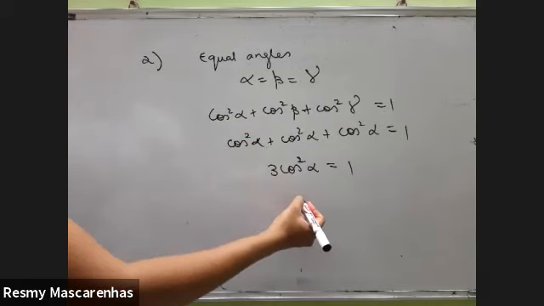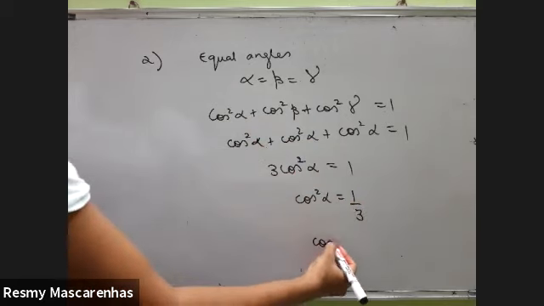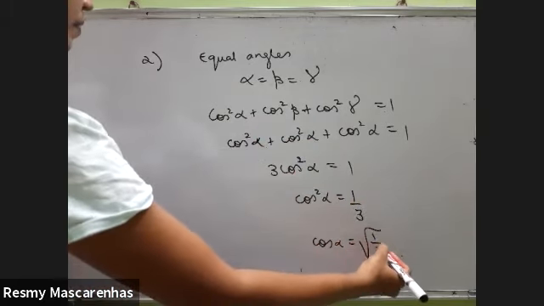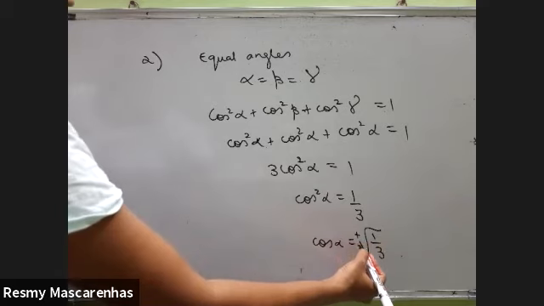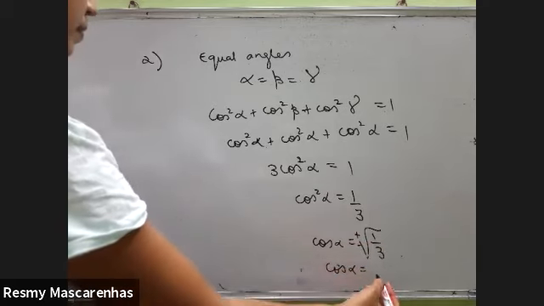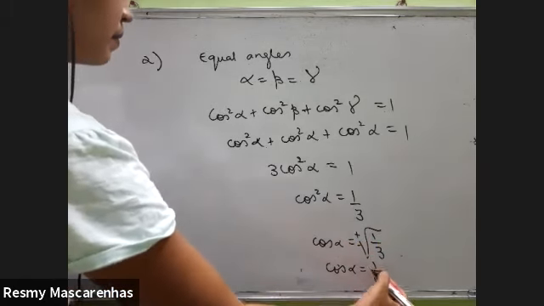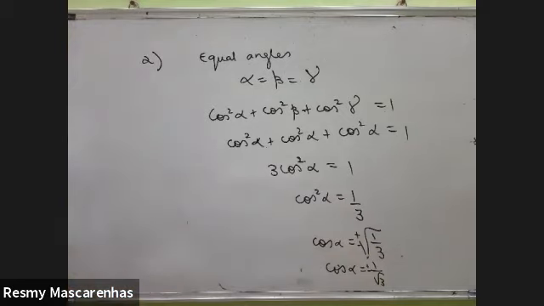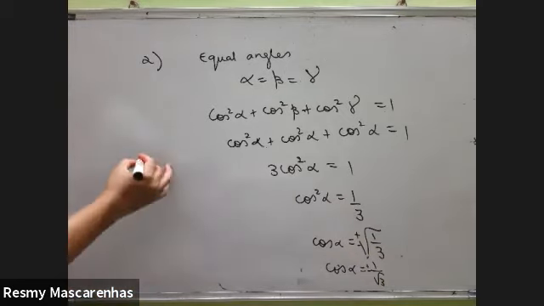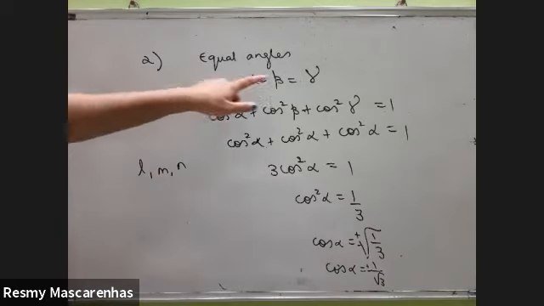So this is cos square alpha, which will be plus or minus. We have to find the direction cosines l, m, and n. Obviously all three are equal.